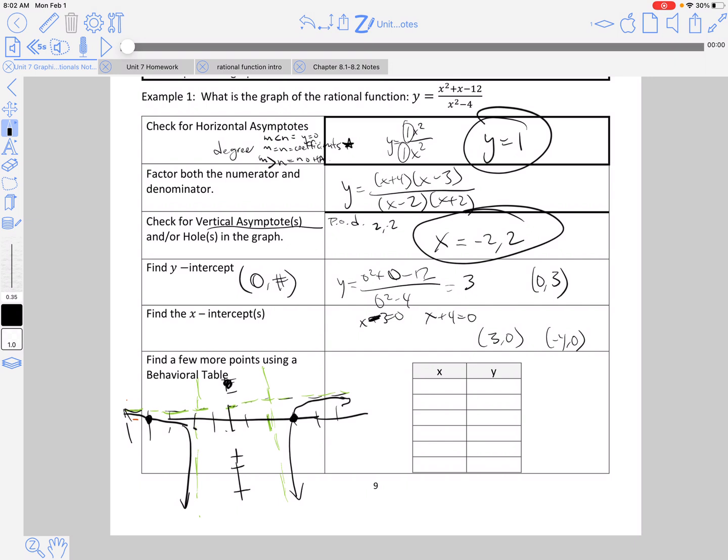All right, what about the top? How do we know what's going on there? Well, we could look at our graphing calculator, or we can make a plot of values just to see what's going on. So I'm going to plug in a -1 and a 1.